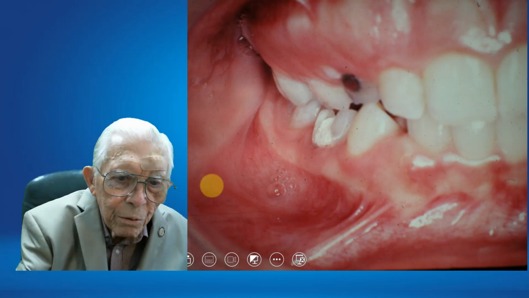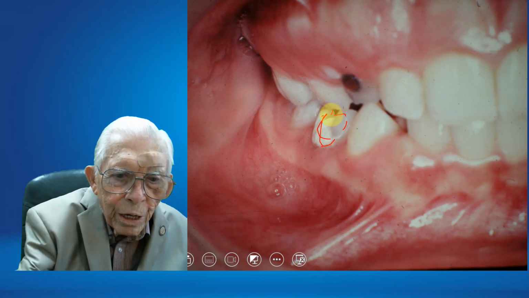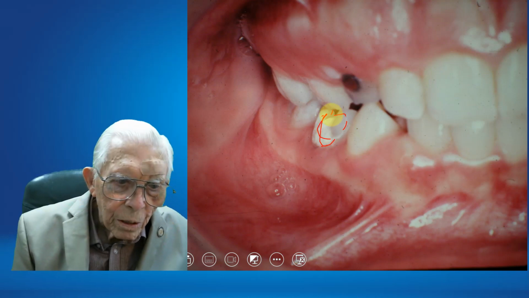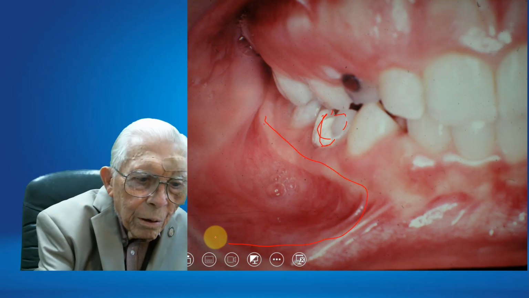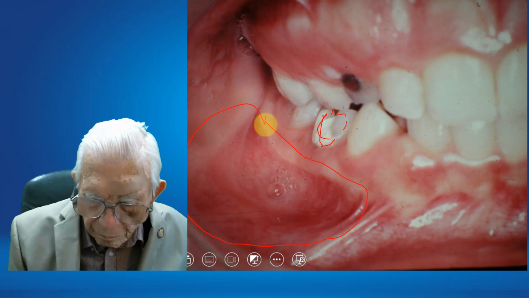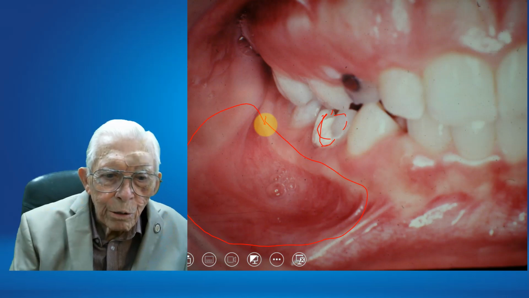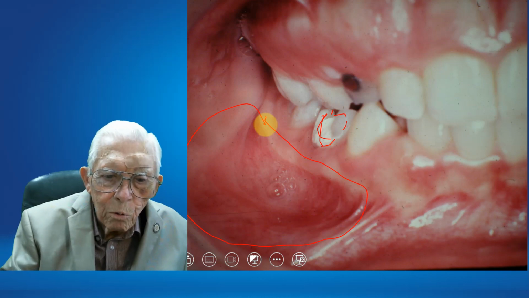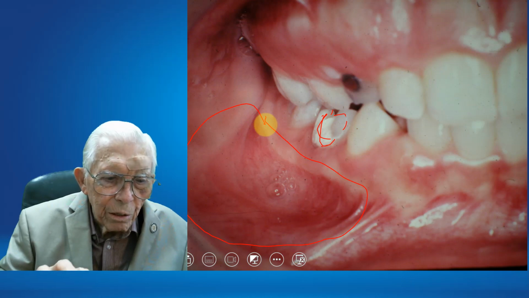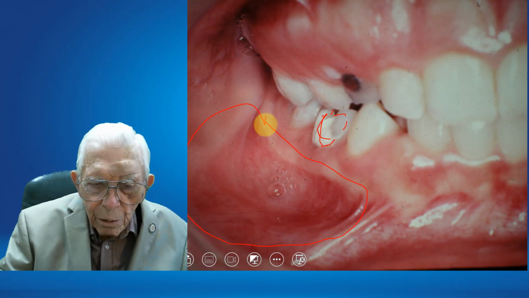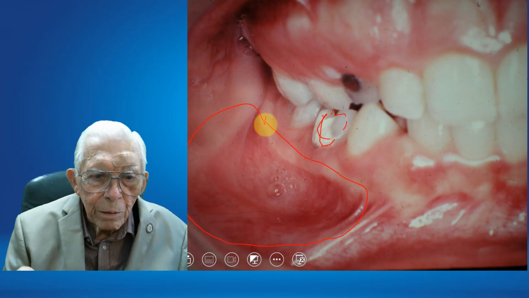There was something wrong with this tooth. I guess this is what kicked it off and started it to grow. The cyst will cover a whole area in here like that. It just keeps getting larger, and it'll take a whole permanent tooth and move it. The cysts don't eat up the roots of the permanent teeth like they do the baby teeth.